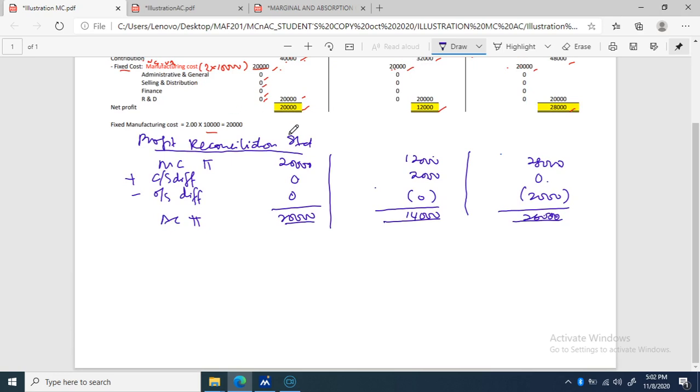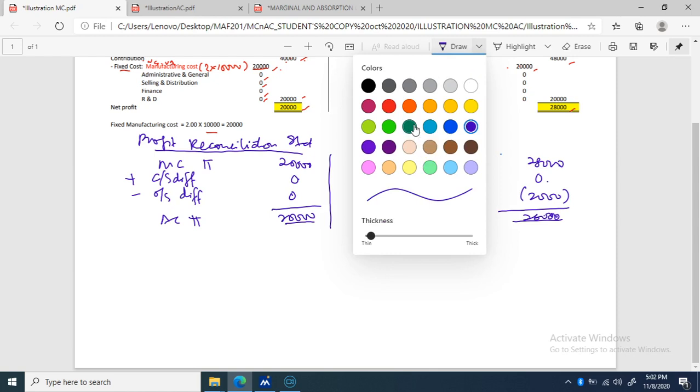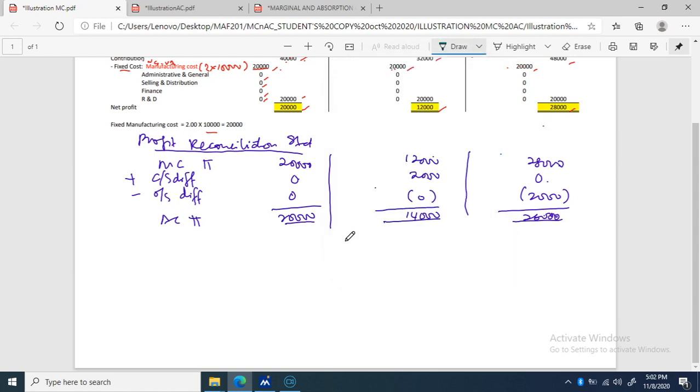Another method that we can use to prepare the reconciliation is to refer to the stock movement. We also start with the marginal costing profit: 20,000, 12,000 and 28,000.